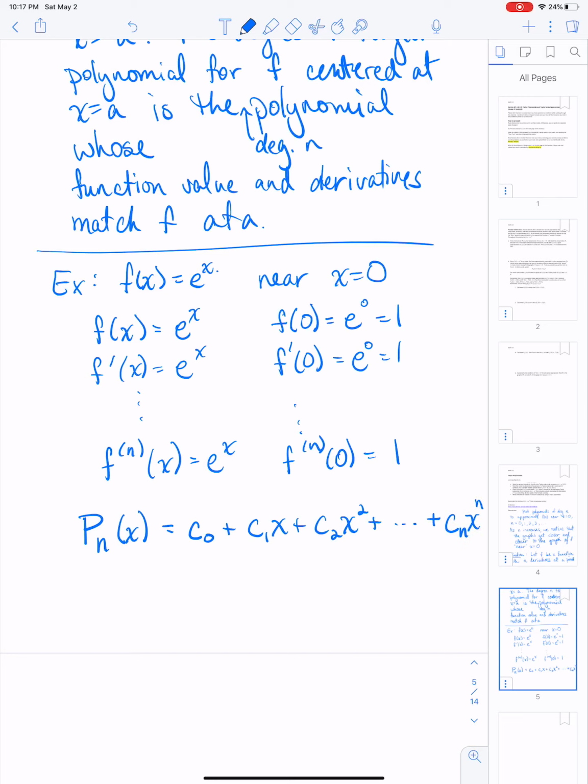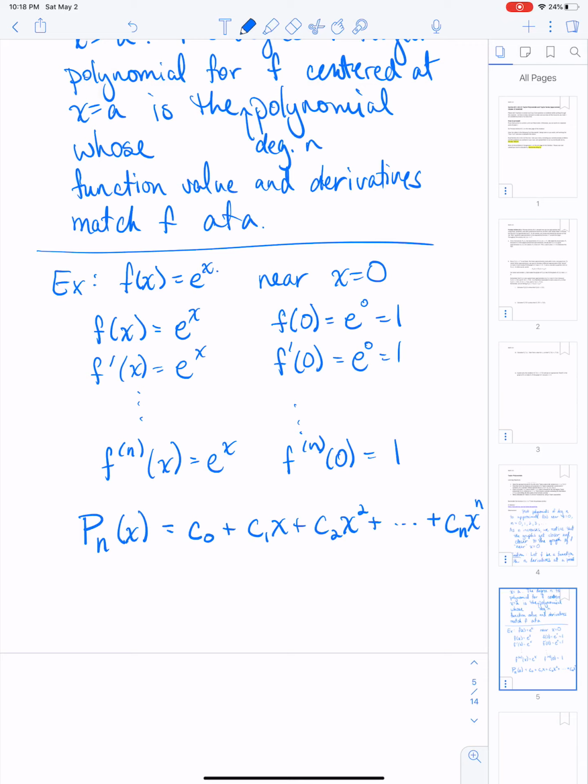And so I am writing this in a slightly non-standard way because I've put the higher order terms on the right, but it doesn't change the polynomial at all. I'm just doing that for convenience to match the calculations that you had done earlier.